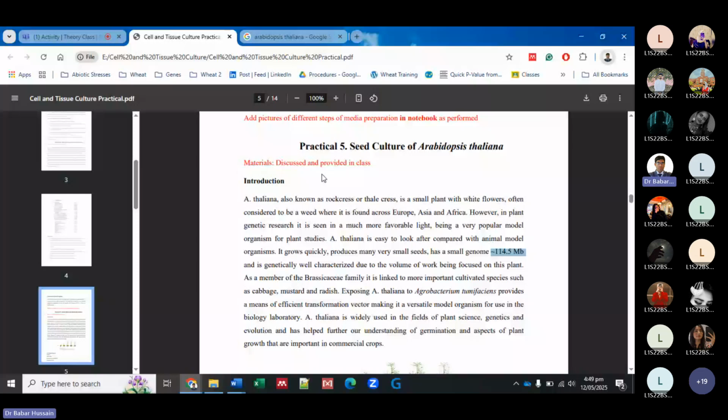So wheat has 17 gigabases, which means that Arabidopsis thaliana genome is 153 times smaller than bread wheat. Bread wheat has 125,000 genes. Arabidopsis has only 25,000 genes, which is 5 times lesser than bread wheat, which means that studying the genes in thaliana will be much easier.